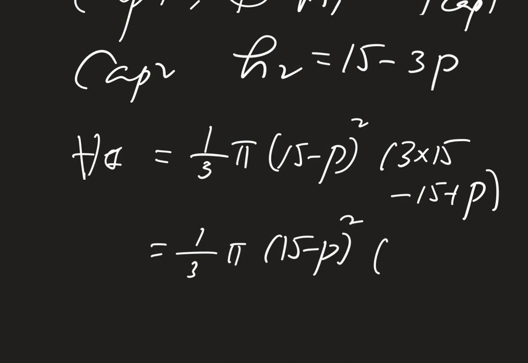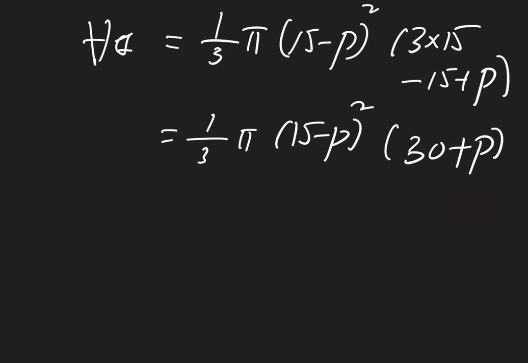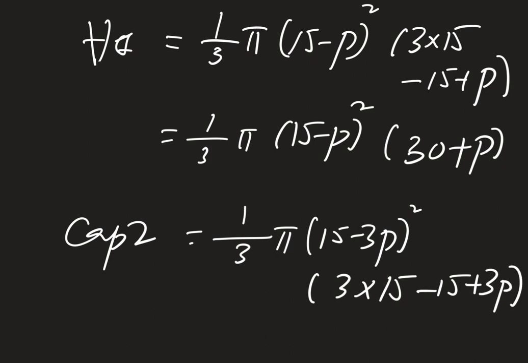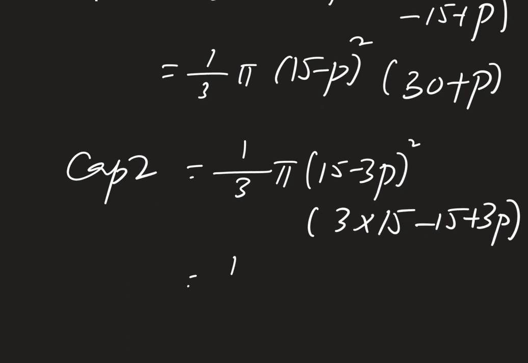That means it's 2 times 15, 30 plus P. This is Cap 1. Cap 2, only 4 marks. Cap 2 is equal to 1 over 3 pi, (15 minus 3P) squared, times 3 times 15 minus (15 minus 3P). So this is the same thing: 1 over 3, (15 minus 3P) squared, (30 plus 3P).